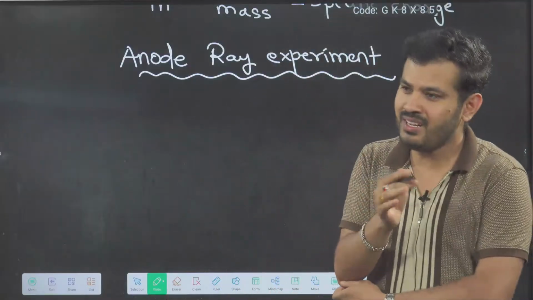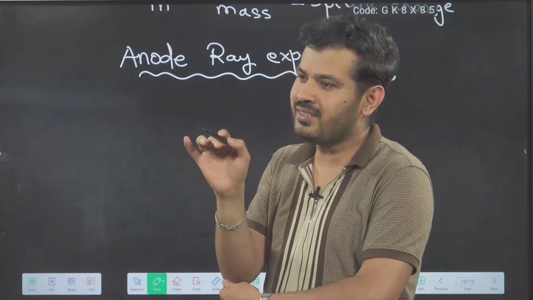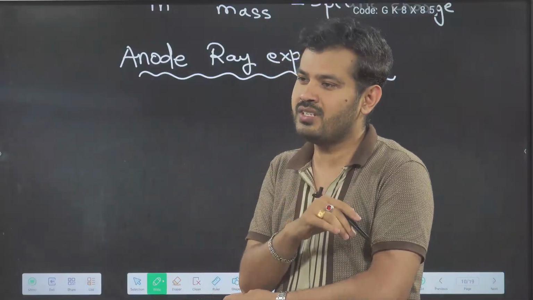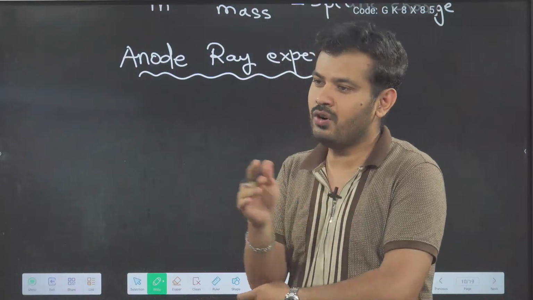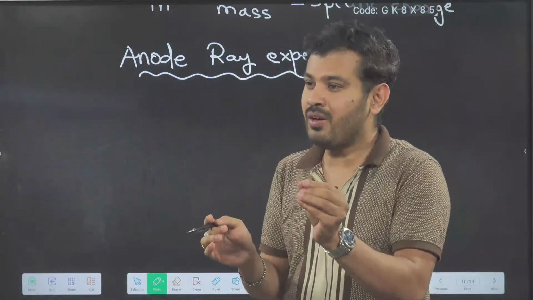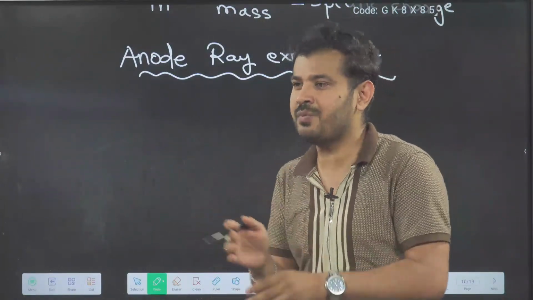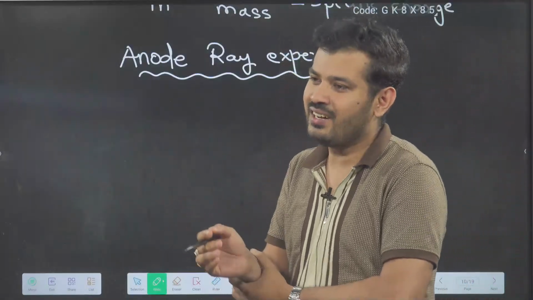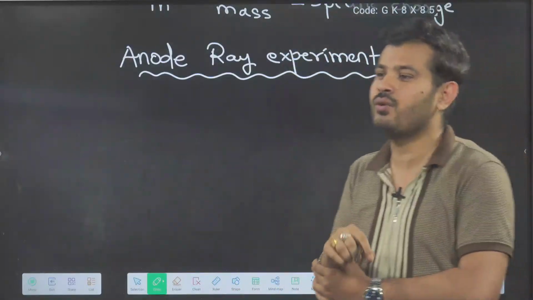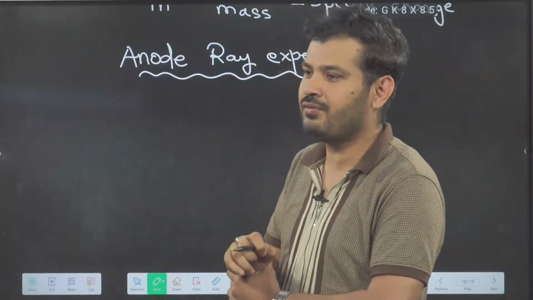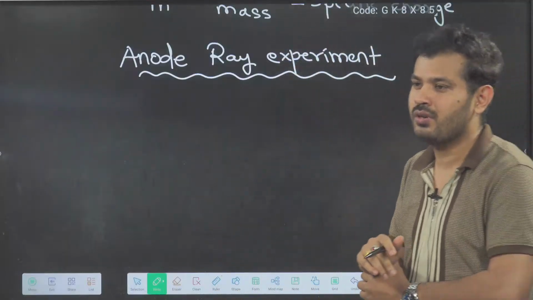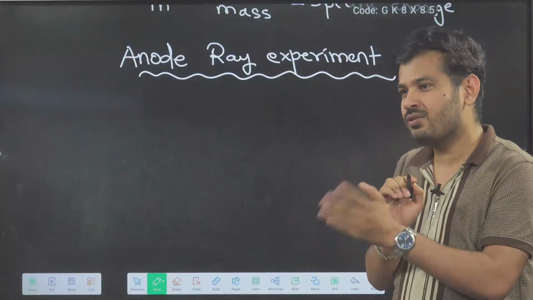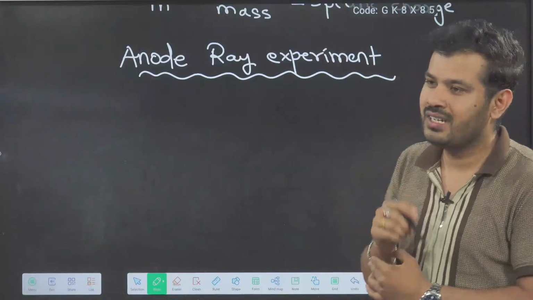But to make the experiment simple, we are making some holes so that the ray can pass easily without much disturbance. If you don't make a hole also, some amount of ray may pass. But to make the experiment easier, to observe the ray easily on the zinc sulfide screen, we make a hole. Yes, to find the path of the particle. That is true. If you make a hole, the ray will pass only through that hole, so that we can find the path of the particle.